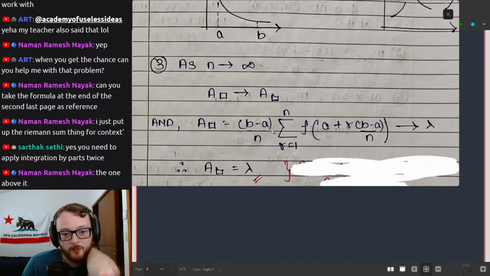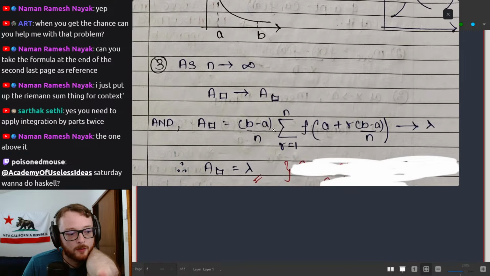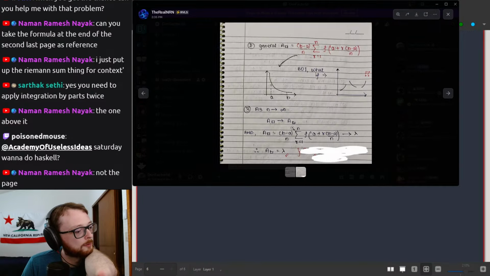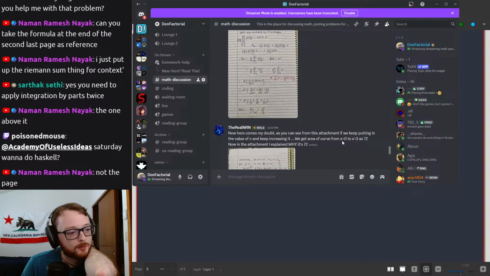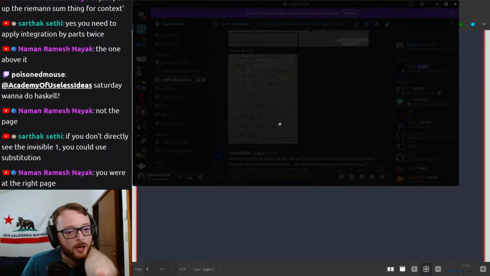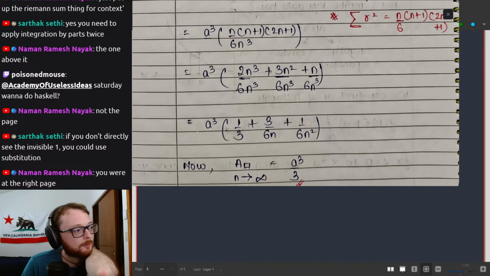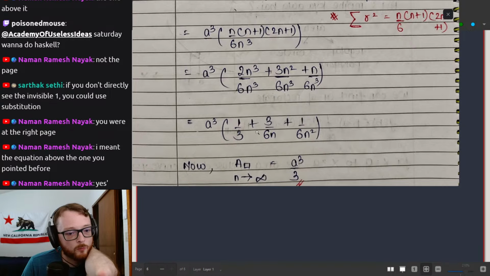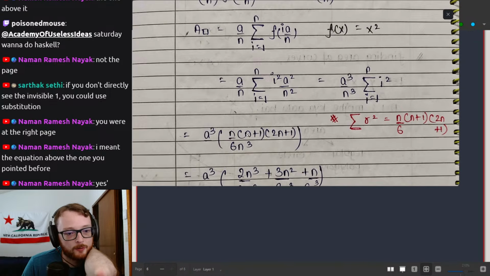Yeah, I think it's just the regular formula for a Riemann sum, if you let n go to infinity. That looks about right. Not the page. Oh, this one here? So what are you doing with this? Or like, what are you asking me to look at with that?